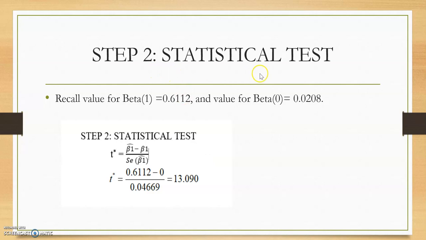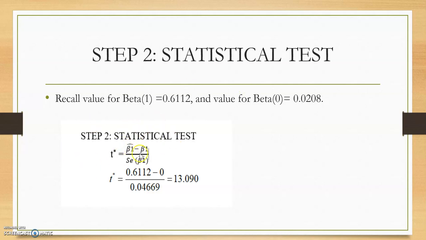Step 2, statistical test. Recall the value for beta 1 is 0.6112 and the value for beta 0 is 0.0208. In step 2 we have to calculate using this formula, and beta 1 we already calculated in the Part 1 video of the simple linear regression model last week.